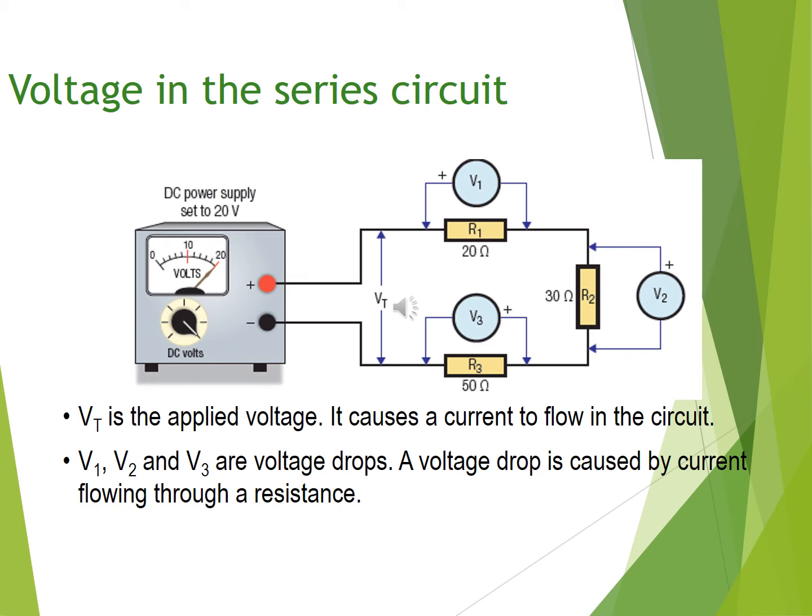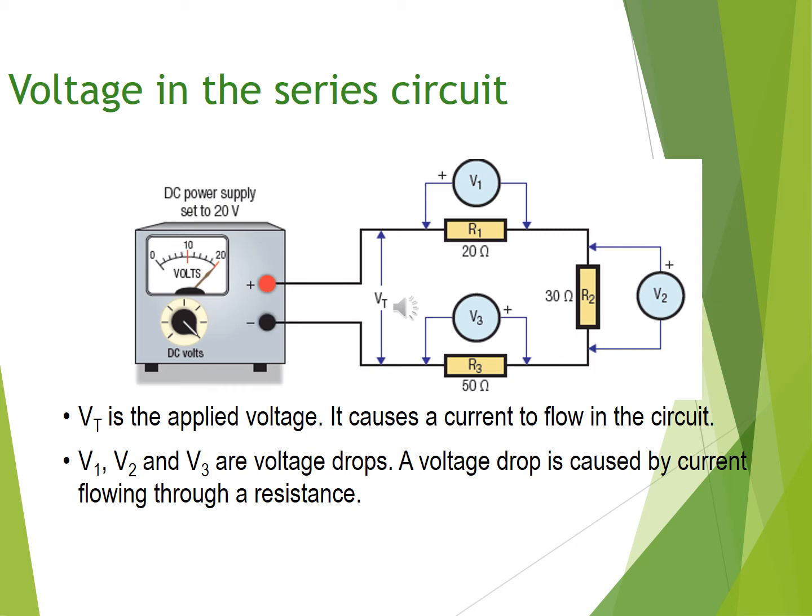So getting back to electrical, if we have a 20 volt supply and we have 3 resistors, the sum of the voltage drops, V1, V2 and V3, must equal 20 volts.